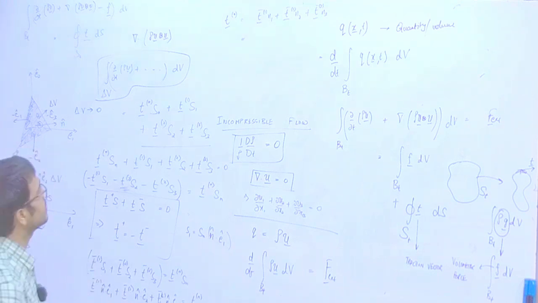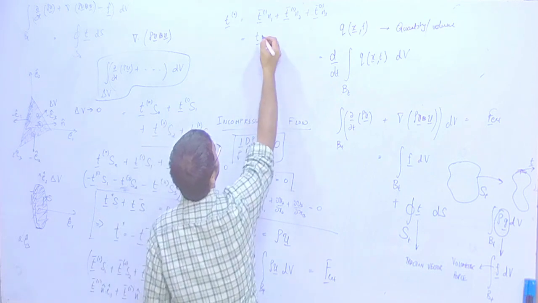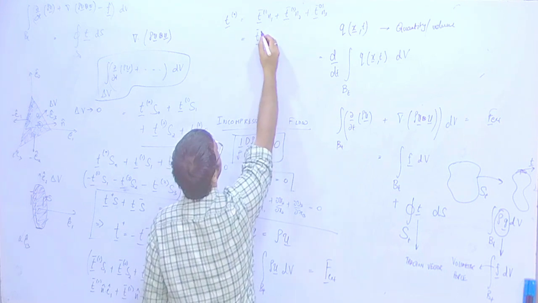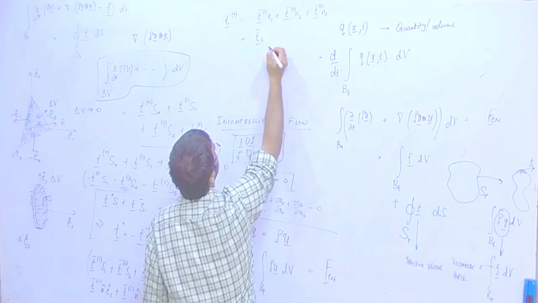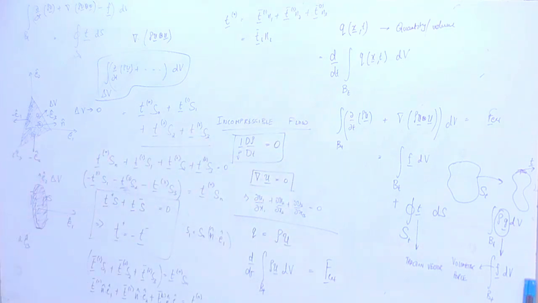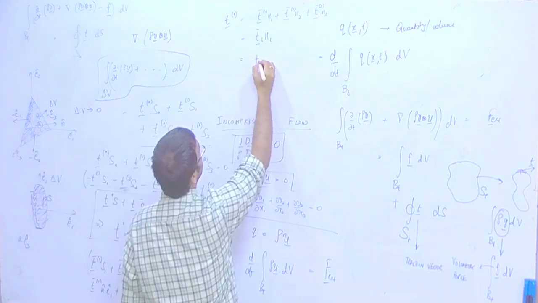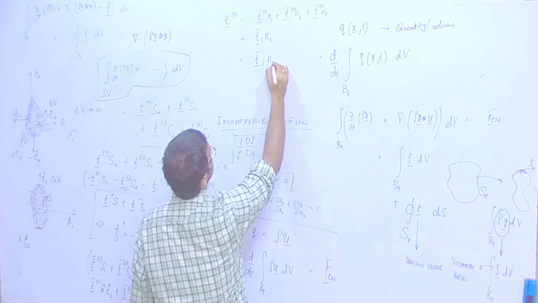I can write this easily in index notation as some t bar vector i and i, or I can say it is some t bar vector j and j.